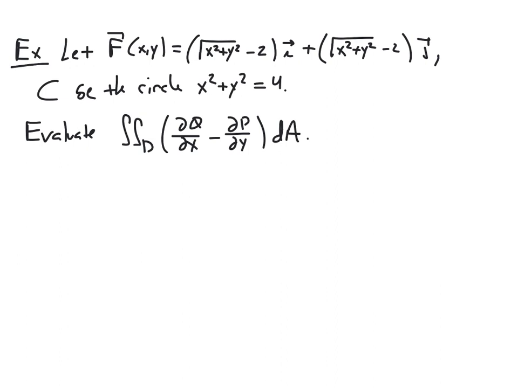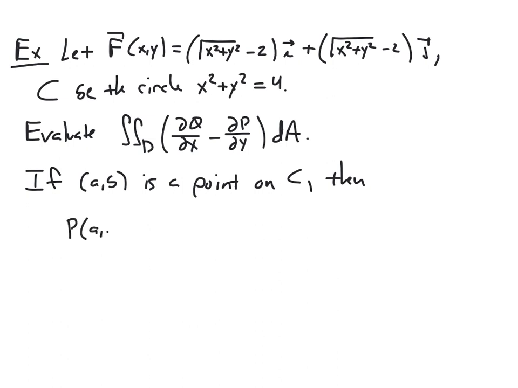And what we can observe from this particular vector field is if I pick a point on my circle. So let's pick a point (a, b). Right, and let's assume this is a point on curve C. Well, then if I take P of (a, b), remember P is this first function, the first scalar field in my vector function.